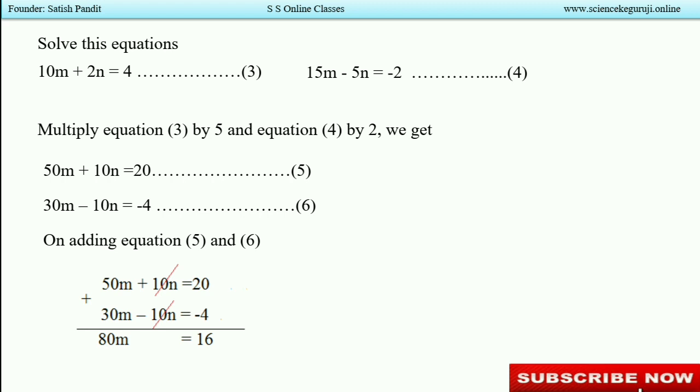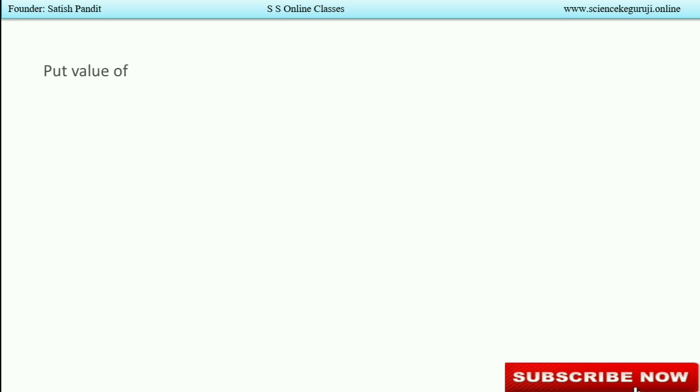We get this on adding. So we get m is equal to 16 divided by 80. On division we get m is equal to 1 upon 5. So put this value of m equal to 1 upon 5 in equation number 3, 10m plus 2n is equal to 4.